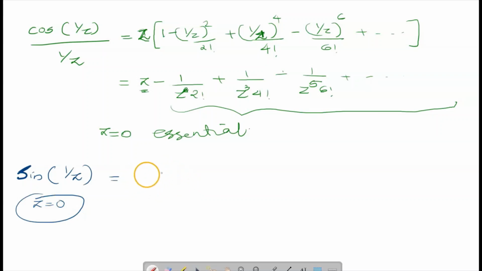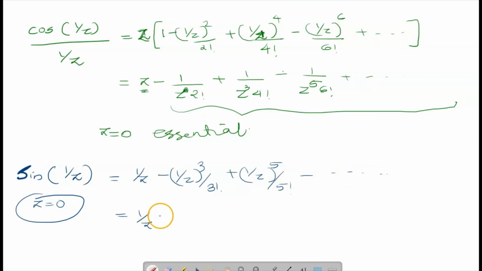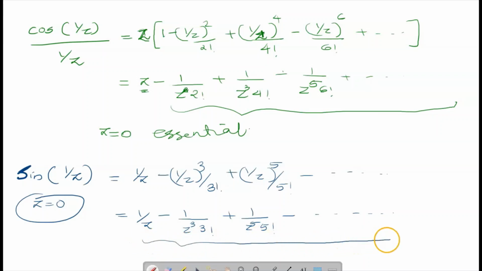So expand this function as 1 by z minus (1 by z) cube by 3 factorial plus (1 by z) raised to 5 by 5 factorial minus etc. That is 1 by z minus 1 by z cube 3 factorial plus 1 by z raised to 5, 5 factorial, minus etc. Here also we have infinitely many terms containing negative powers of z.